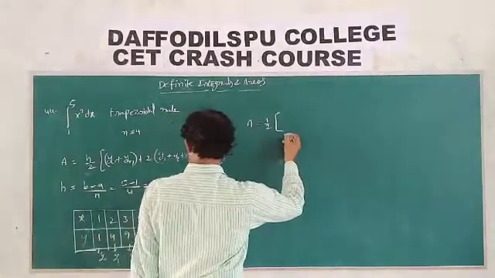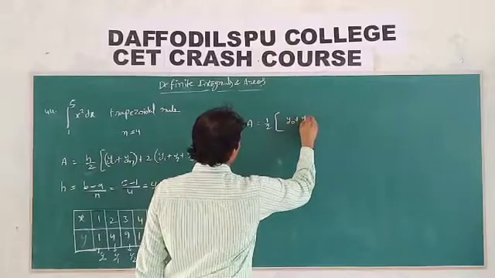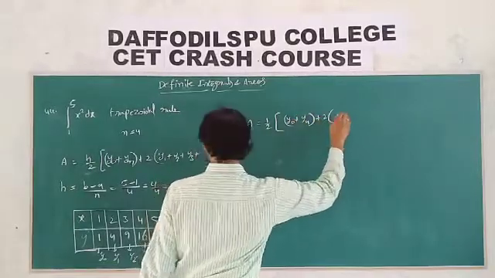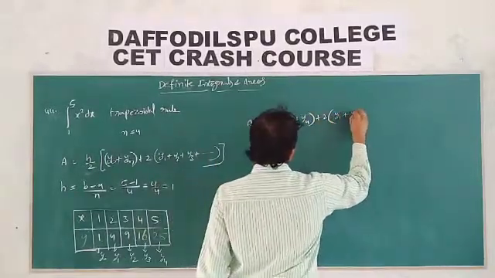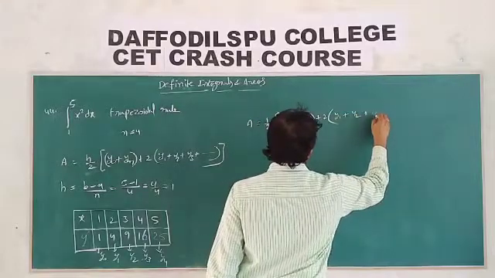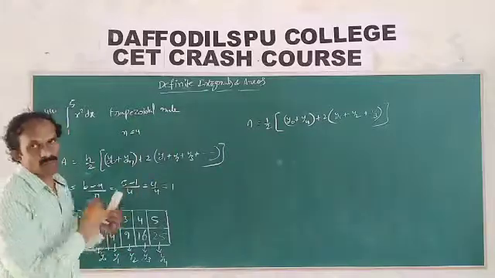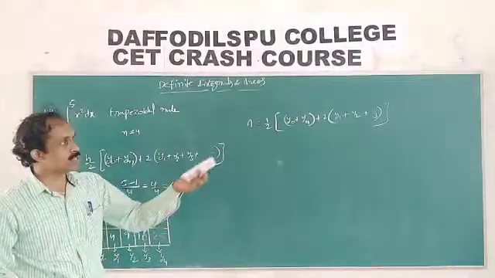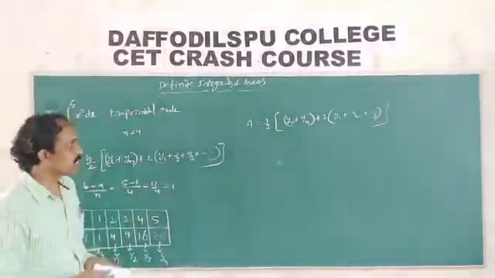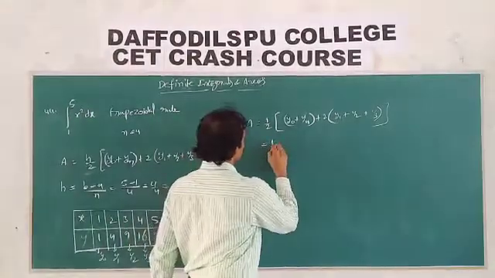So that implies y naught plus y4 plus 2 times the remaining values y1, y2, y3. Clear? So these are the actual values, y naught the first and the last, and the remaining values are y1 plus y2 plus y3.